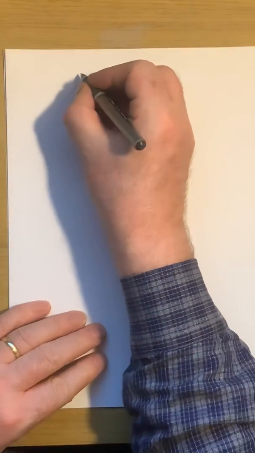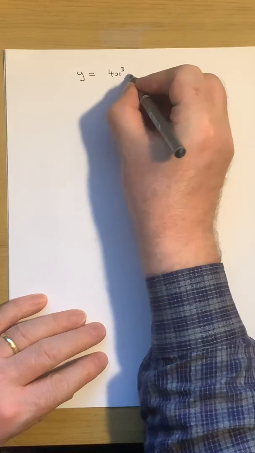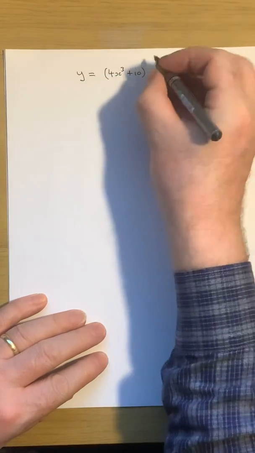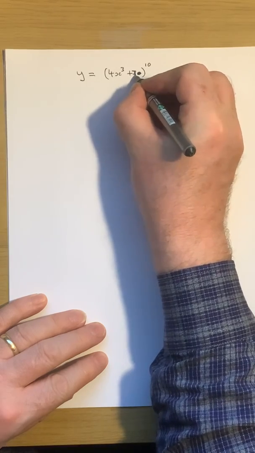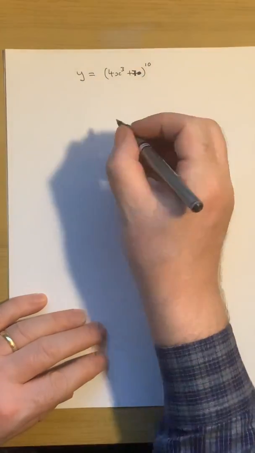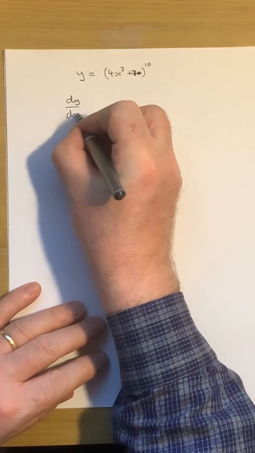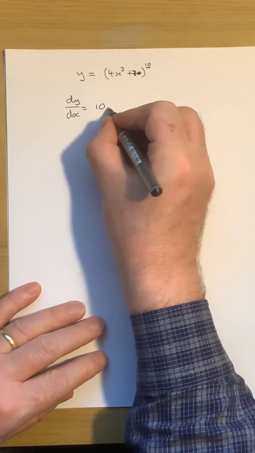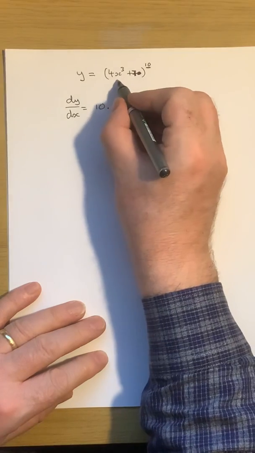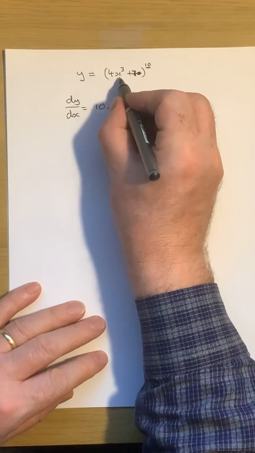Now, the other way of doing it is, we'll take that same example, y equals (4x to the power of 3 plus 7) all raised to the power of 10. So what we do is we say that dy by dx equals, first of all we take the power, we write it down, times. We look inside the brackets and say, what happens when we differentiate inside the brackets?